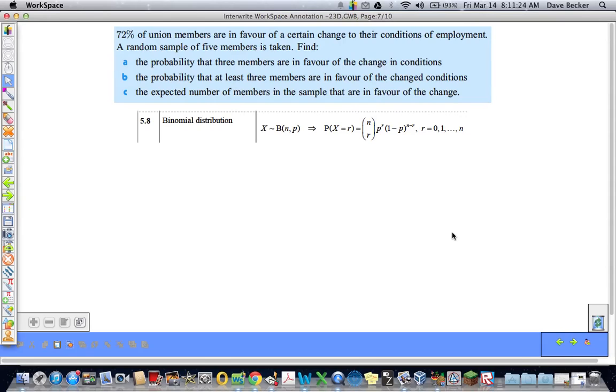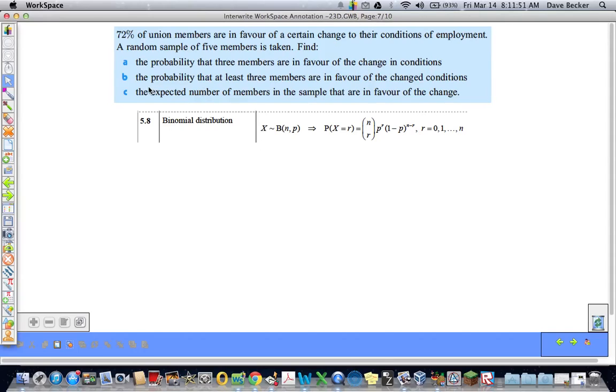Okay, so here we go. 72% of union members are in favor of a certain change to their conditions of employment. A random sample of 5 members is taken. So 72% would vote yes, which means that 28% would vote no. Part A: the probability that 3 members are in favor of the change in conditions.